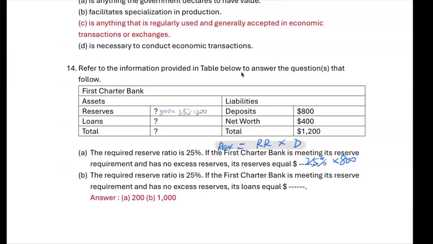And another rule, total assets equals total liability, right? So in this, you can get 1,200. Then what's the rest part of loans? It's just 1,000, right? Because this plus this equals the total, okay?